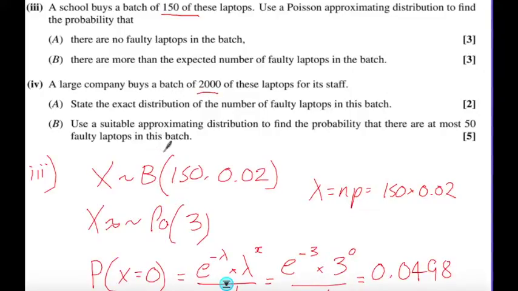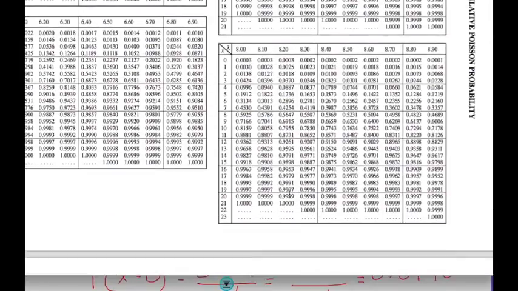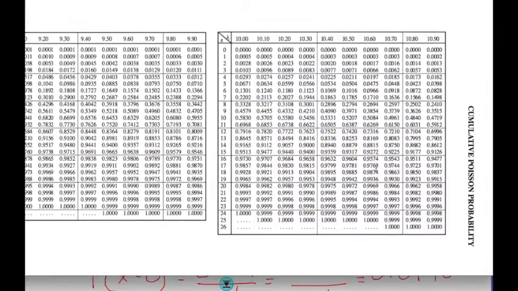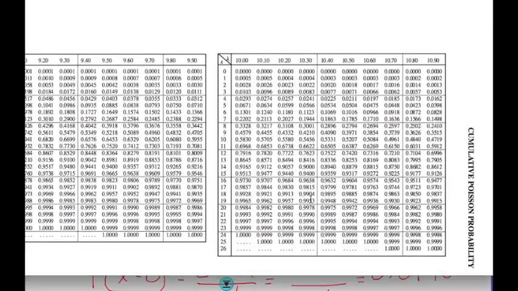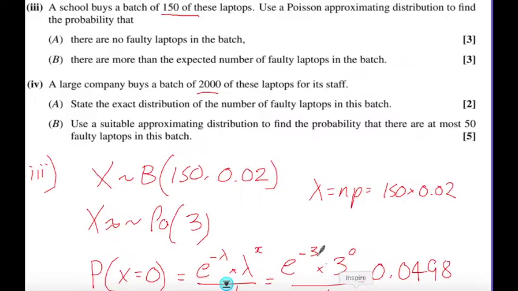So what you'll notice now is if you do 2,000 times 0.02, you get 40, which is off our tables. The highest lambda value we've got is 10.9, it looks like. So because we're at 40, we're going to use a different distribution, which hopefully you'll have worked out is a normal.